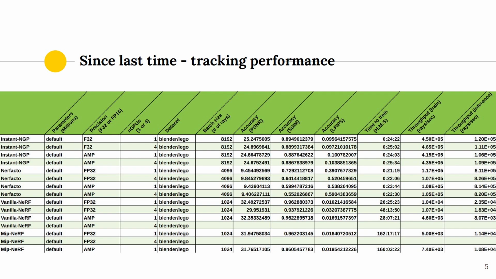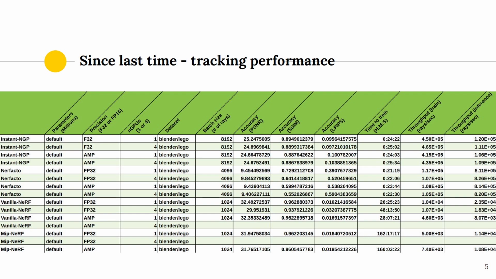We have 3 different kinds of accuracy metrics. The first one, you can think about it as a simple mean squared error between ground truth and synthesized image. Structural similarity, the second one, is more aligned towards comparing images.